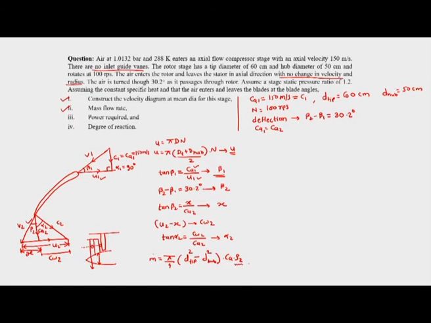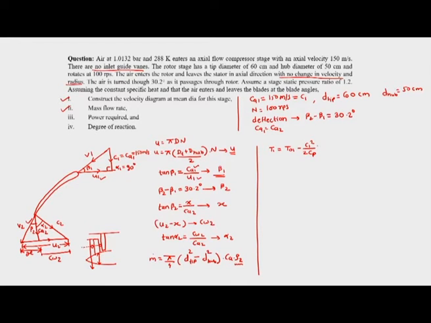So for that let us find out, we are given basically pressure ratio so that we can make use of it. We are told that there is some pressure and temperature and velocity. So we know that T1 is equal to T01, we were using this formula, minus C1 square upon twice Cp.